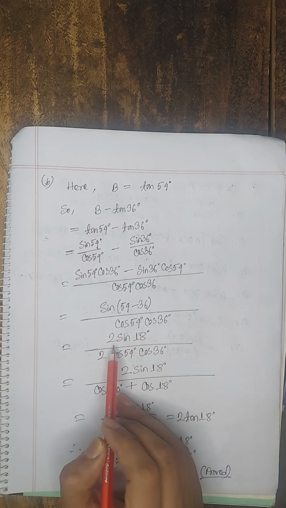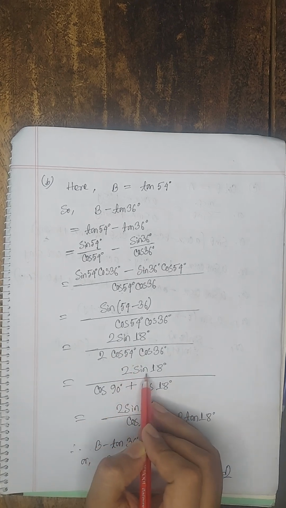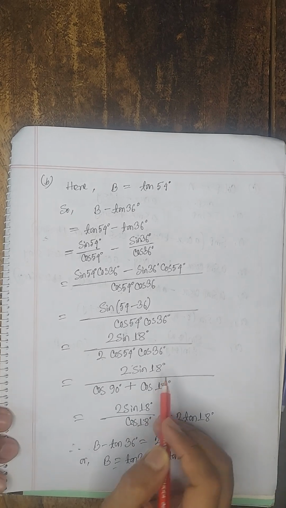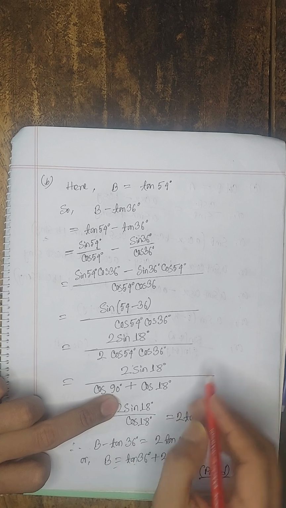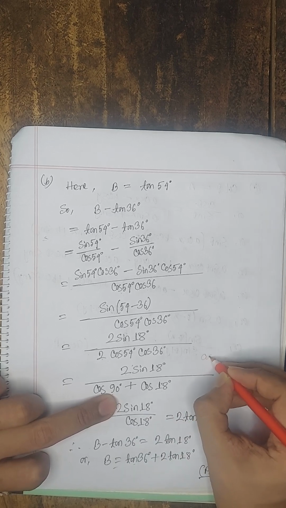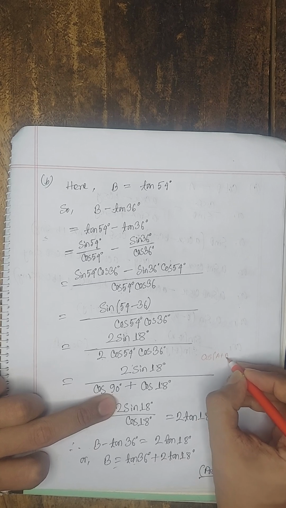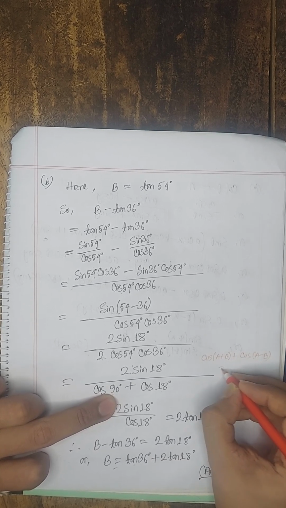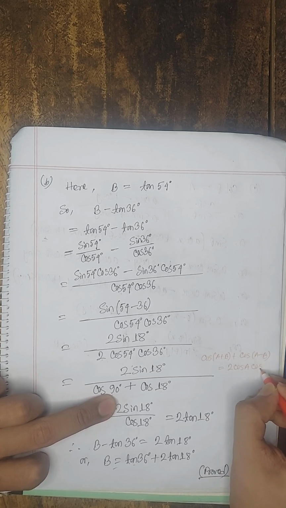Now we have to multiply by 2 on both numerator and denominator, then we get 2 sin 18 in the numerator, and in the denominator we get cos 54 plus cos 18. How do we get it? We have a formula: cos a plus b plus cos a minus b is equal to 2 cos a cos b.